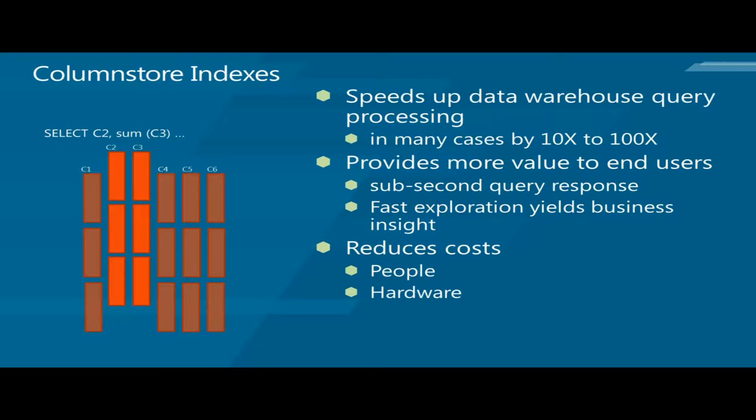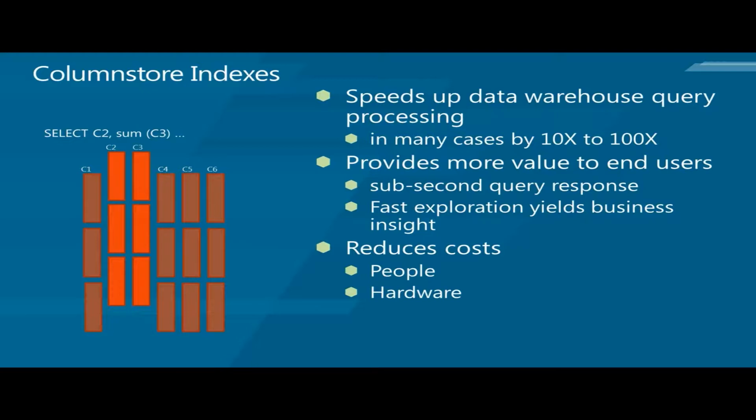So you see that columns C2 and C3 are highlighted there. That indicates that the query processor only has to read those 2 columns from disk. So that right there produces a very large savings in I/O cost. You only have to read the columns that the query touches.